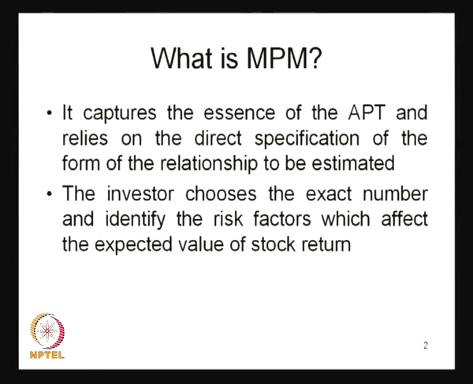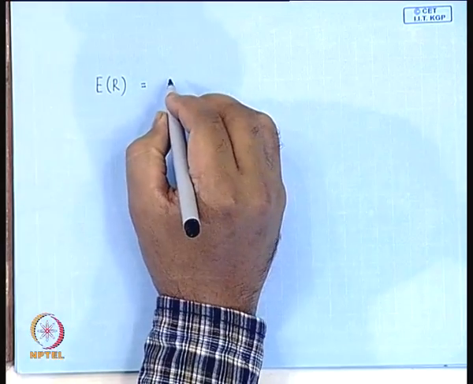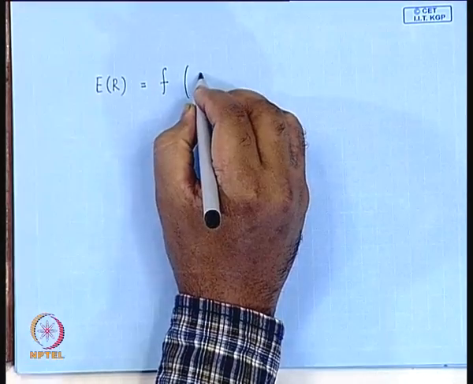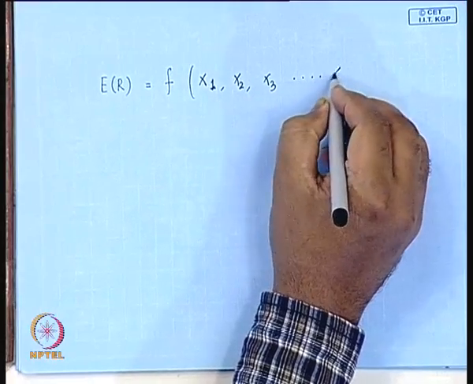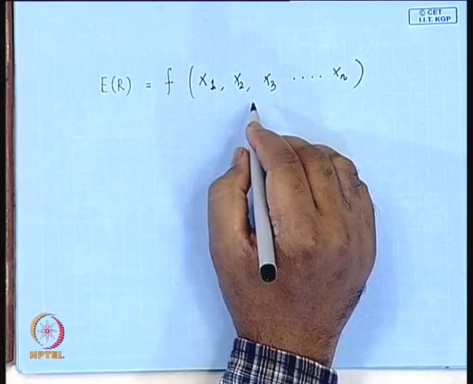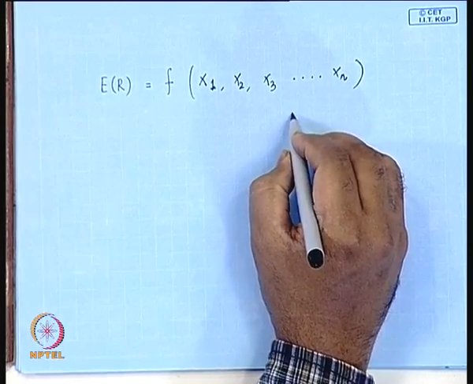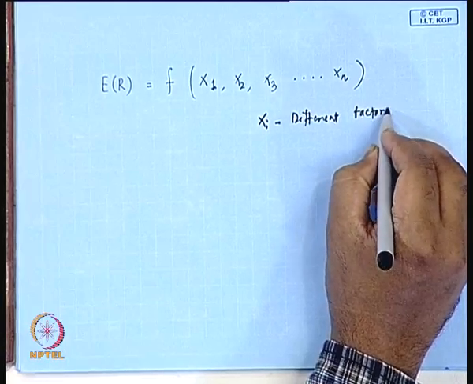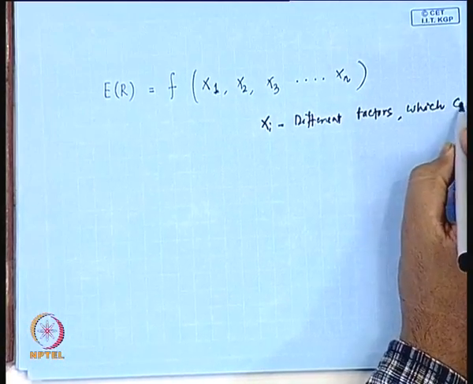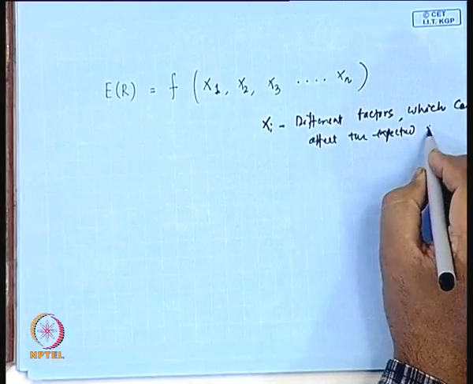That means, for example, we say the expected return of the stock is a function of x1, x2, x3 up to xn, and these x1, x2, x3 and xn are basically the different factors which can affect the expected return of the stock.